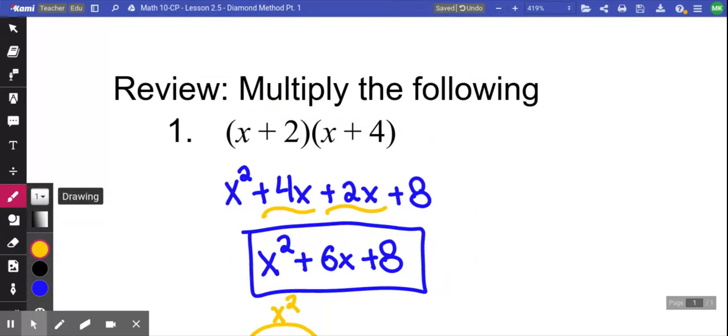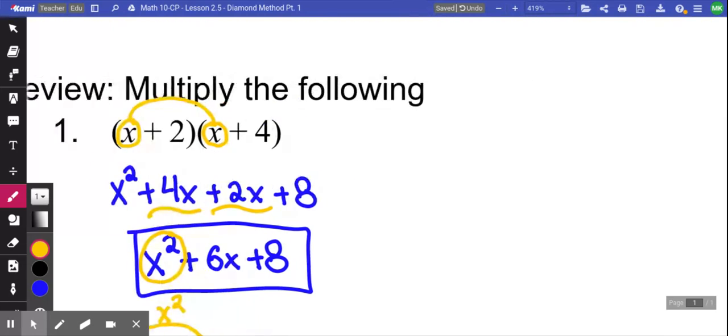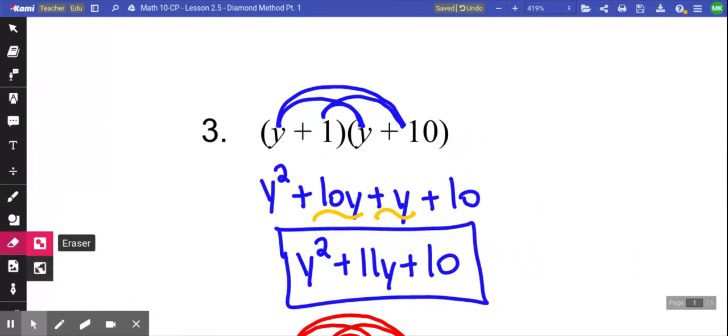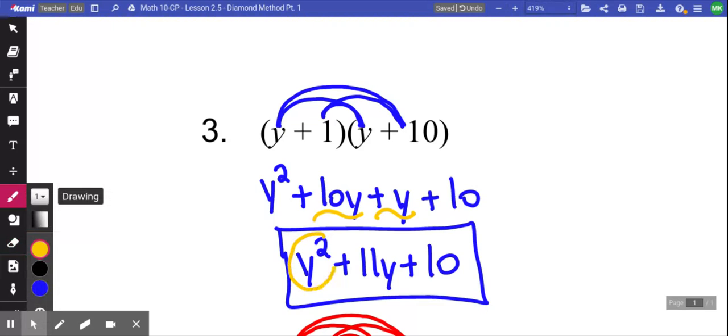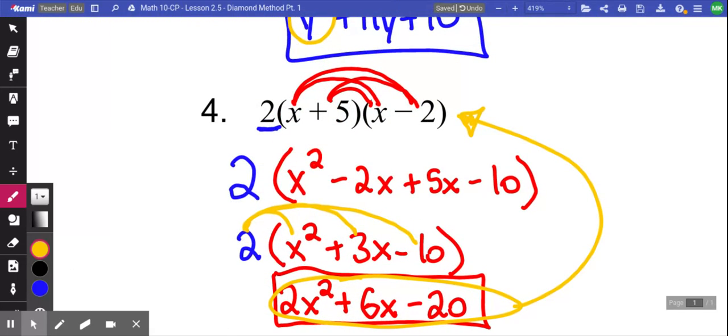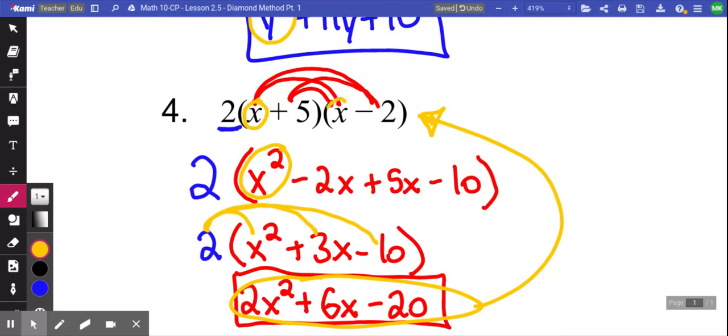The first term, x squared, came from the first 2 terms multiplied together, x and x. Look at this question. The first term came from the first 2 terms being multiplied together. Y times y is y squared. Even this one, the first term, the x squared, came from these 2 x's being multiplied together. X times x is x squared.